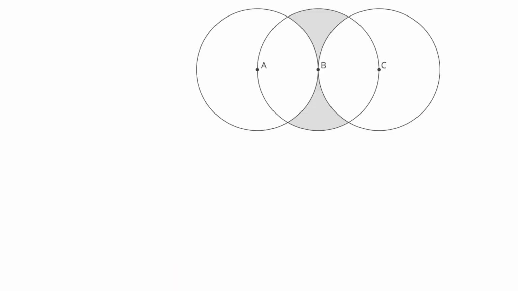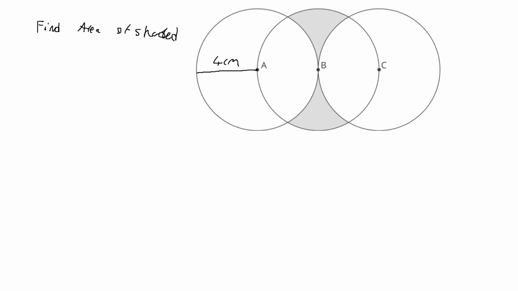What about something like this? So if you guys remember, this was a huge question back in the day, because we have a radius of 4 centimeters, and we're told to find the area of shaded.